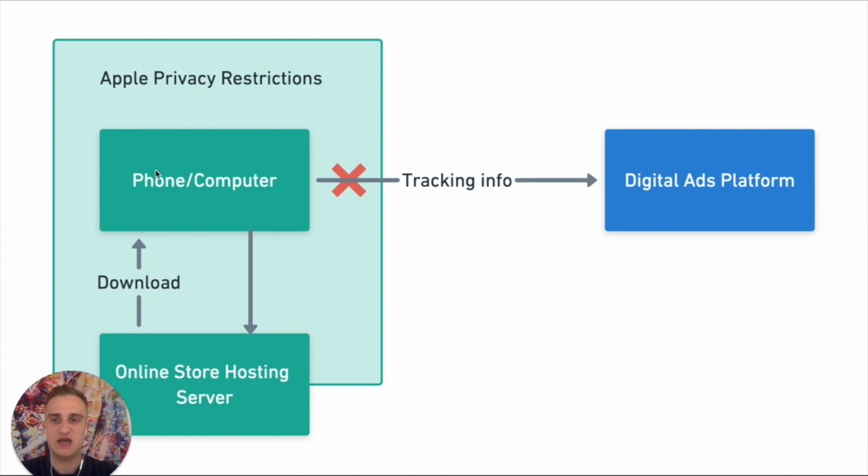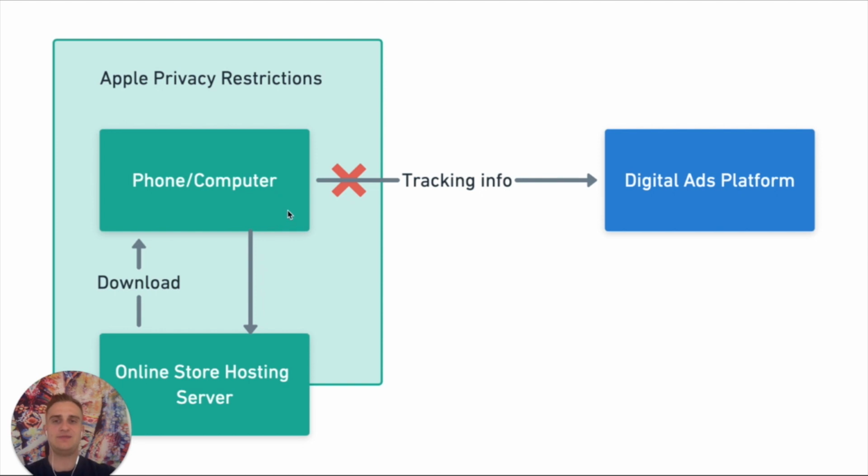So for instance, the only thing the user can do by visiting your website, your online store, is download the content of your website, just the text and the images, and see it. And when the server passes over this script, the script is unable to send the data to the digital advertising platform anymore, because the iPhone will restrict it; the iPhone rejects this request.